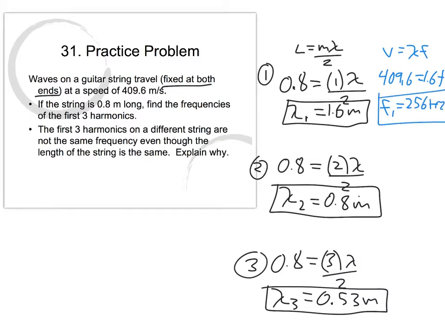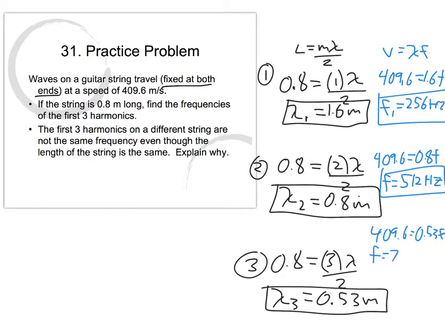For the second one, 409.6 equals 0.8 f, and so the frequency for the second one ends up being 512 hertz. And then my frequency for the final one, 409.6 equals 0.53 f. I end up getting a frequency there of 768 hertz. Okay.